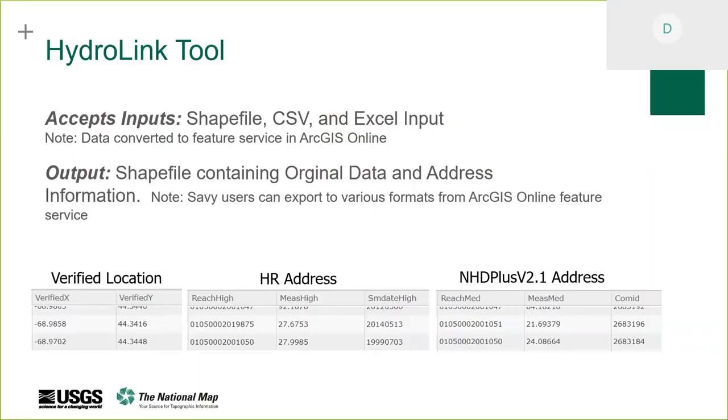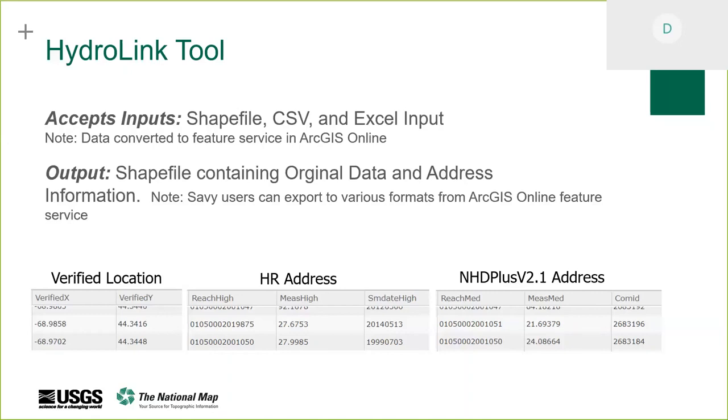The tool then converts this information into an ArcGIS Online feature service, which does all the back-end data management throughout editing. And during this step, the tool adds 8 fields that are shown here. The 8 fields capture 3 different groups of information.